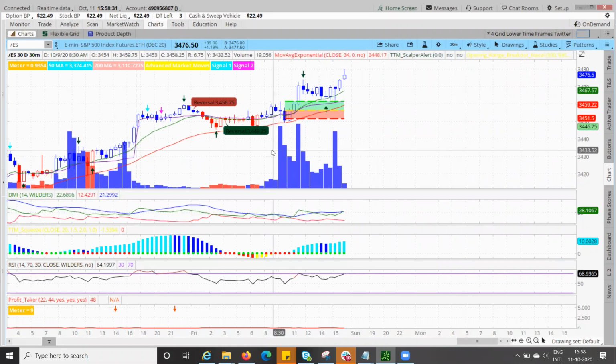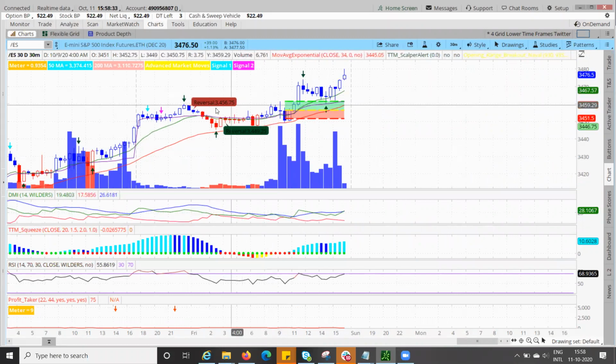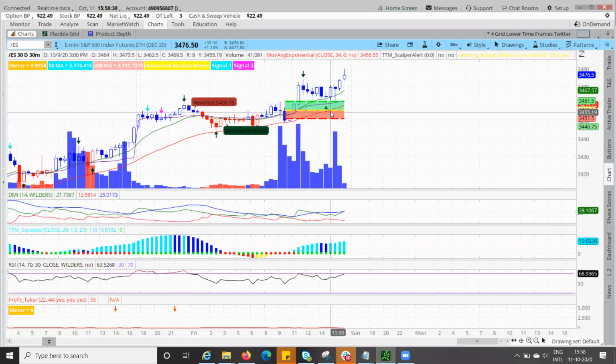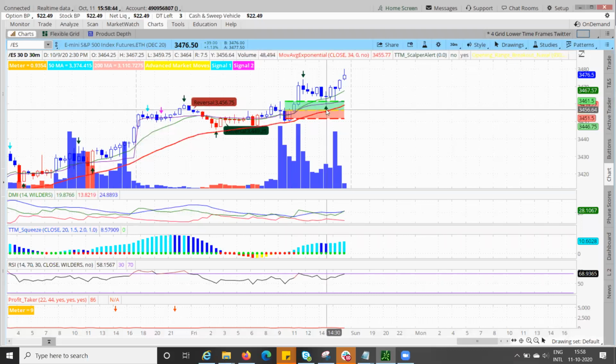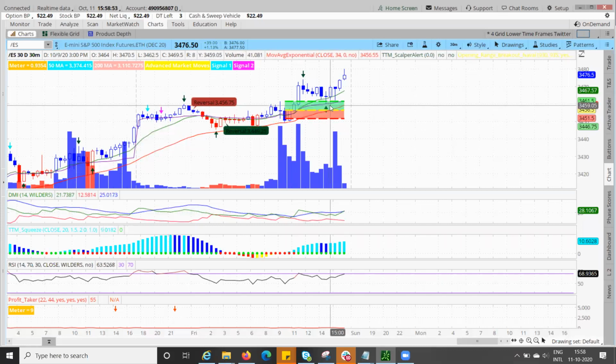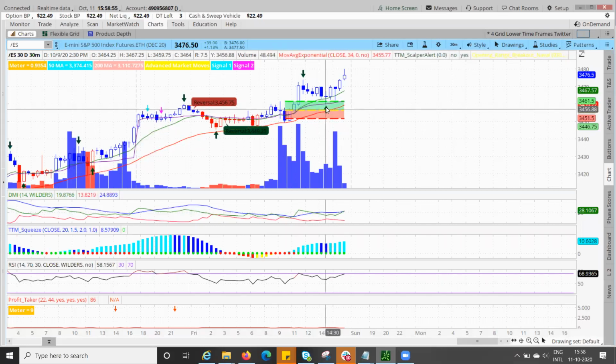These indicators I will share with you. This is by default the scalp alert from TOS. Here you can buy. This usually tends to update itself after 2 or 3 candles, so you have to be very mindful when this arrow is getting printed. But this gives you reasonable information that yes, market is trying to go up.